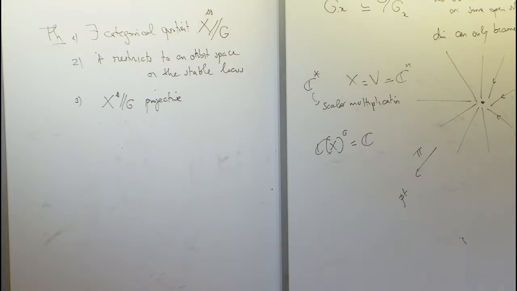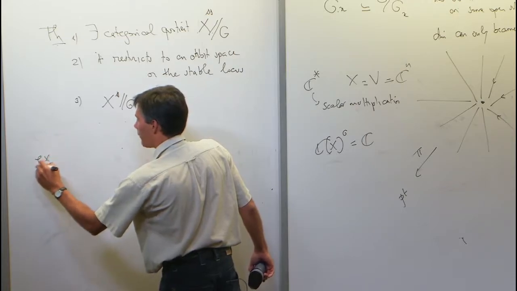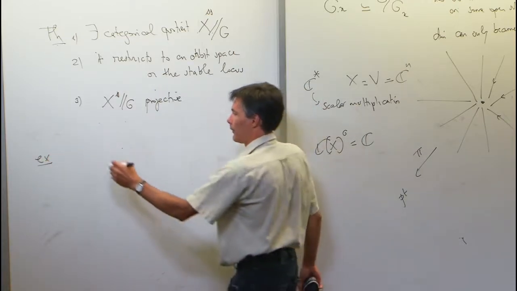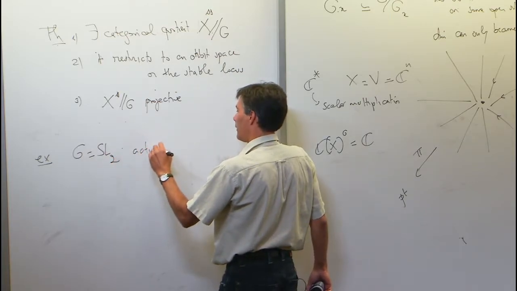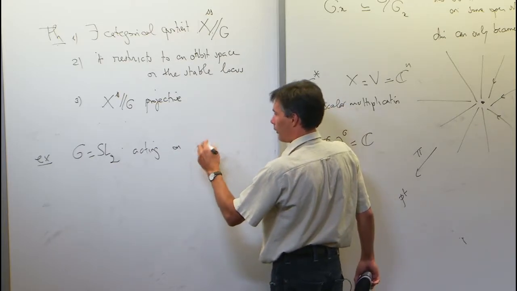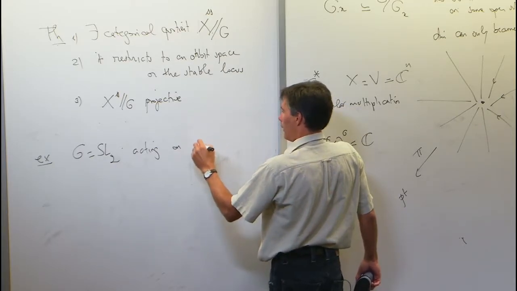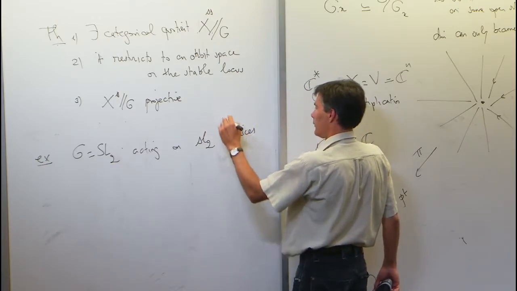Okay. And maybe a little example that we already made this morning. If you look at the adjoint action, let G equal SL2, acting on sl2, the traceless matrices.